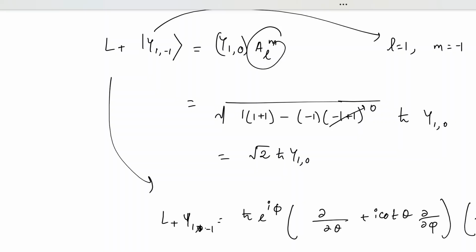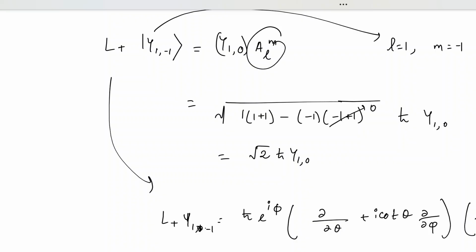Then this is h cut e to the power of plus I phi root over of 3 by 8 pi, then you take the first derivative: e to the power minus I phi cos theta plus, so theta is only in the sin theta form, then on the del phi part you have I cot theta sin theta minus I e to the power of minus I phi.